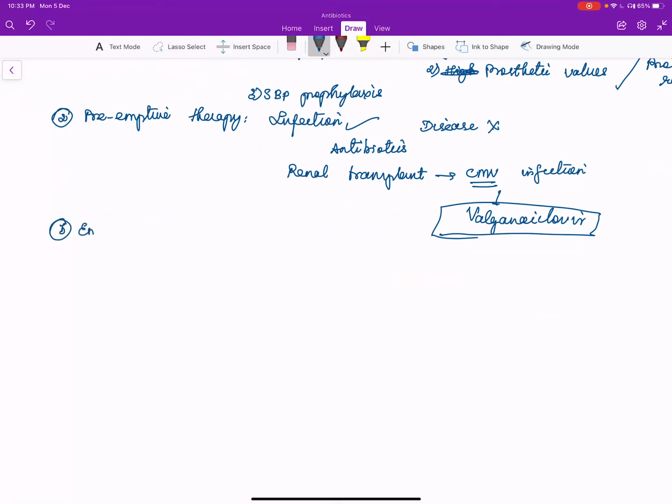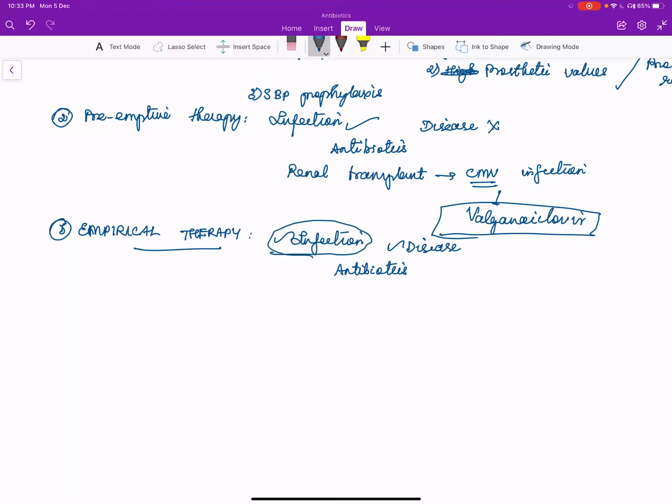Next comes our favorite topic, which is going to be discussed today in detail: empirical therapy. Empirical therapy is when he has an infection, he has a disease due to the infection, and we give antibiotics to treat him, but we do not know the organism.